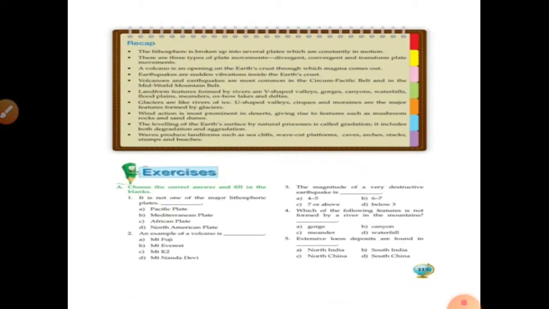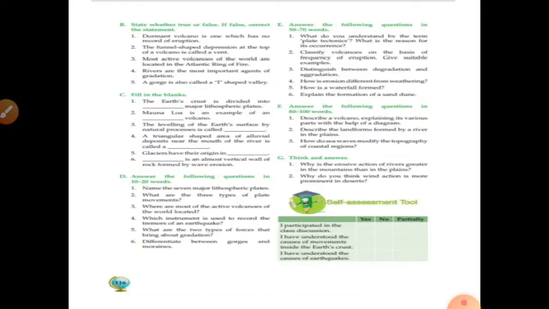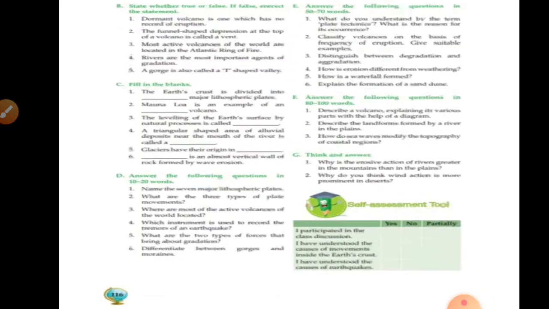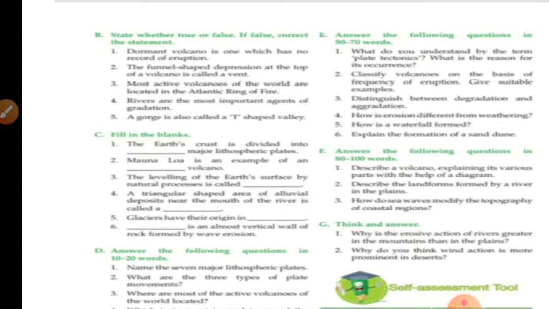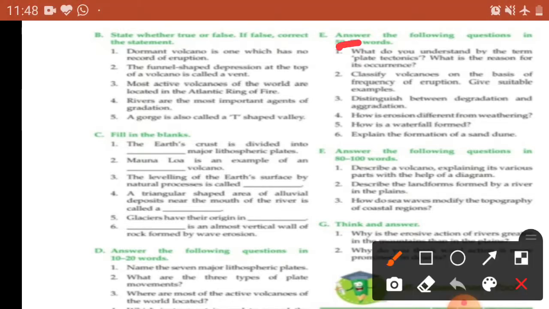Take a new question, and here we have state whether true or false. Basically we are going to do true and false, and our first question is: a dormant volcano is one which has no record of eruption.